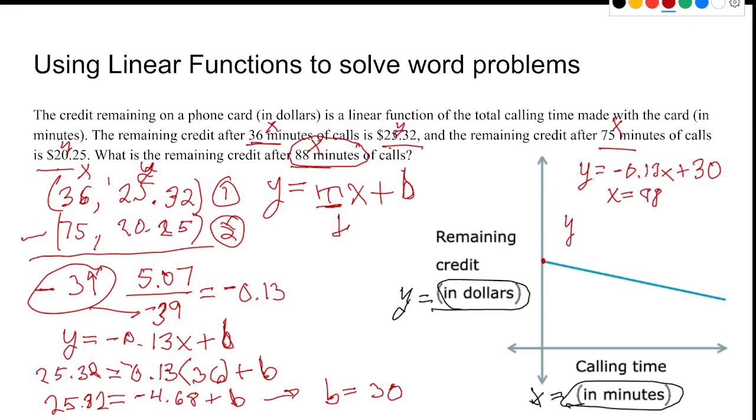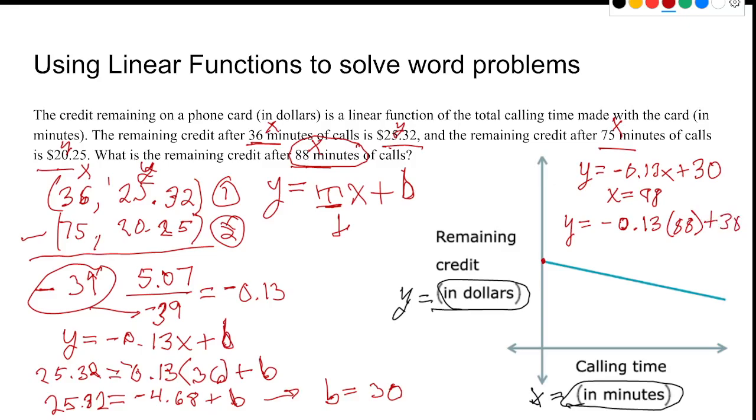So then we get y equals negative 0.13 times 88 plus 30.